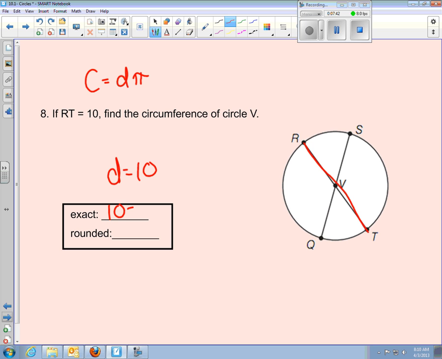So we're going to say 10 pi. That's the exact answer. Rounded is when we actually take the number 10 and multiply it by the pi key on your calculator. You're going to round to 1 decimal place, so we get 31.4. This problem didn't come with labels, so we don't have any labels for our solutions.